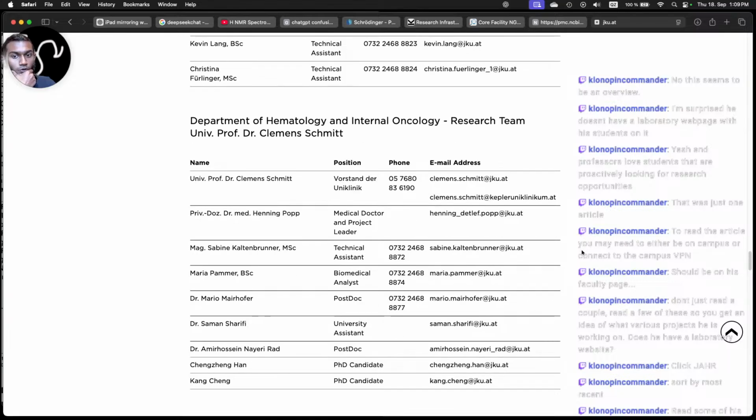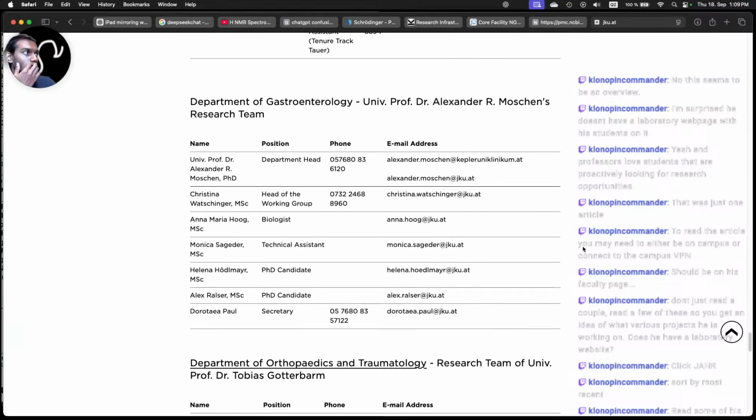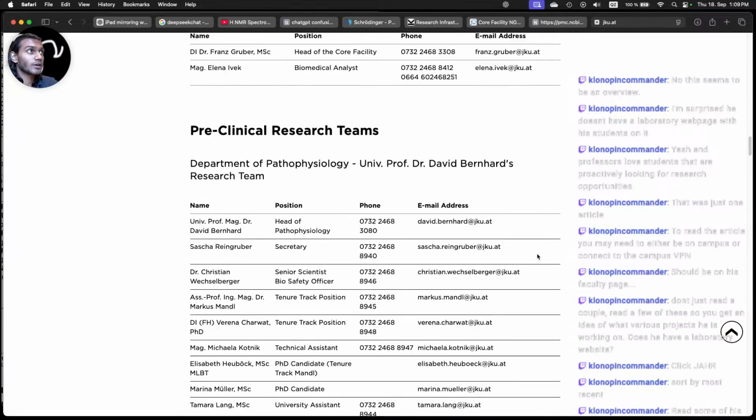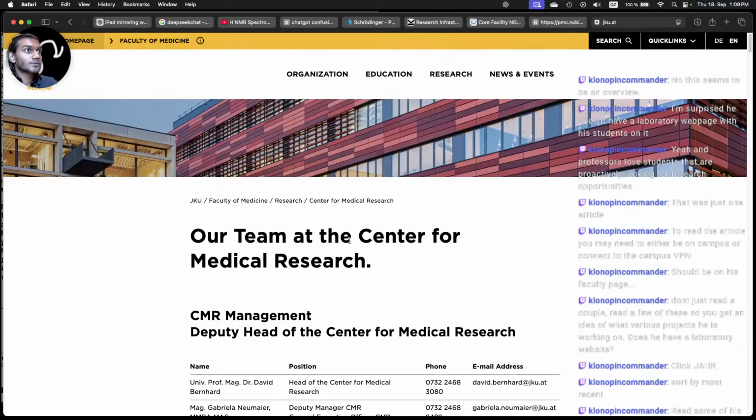No, this seems to be an overview. Okay. Dude, the list just keeps on going. If you have any questions about conducting research at the Center of Medical Research, please send us an email. And if you're interested in research opportunities to conduct academic scientific work, master's thesis, PhD dissertation, please contact the research team directly. Okay. I mean, I don't know if I could do masters, but I could help. So this is just the overall medical.